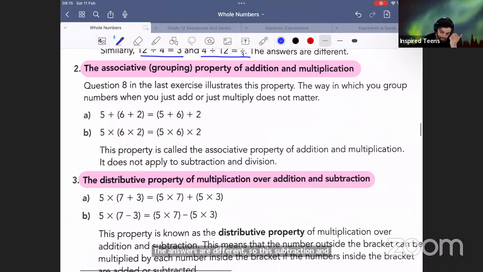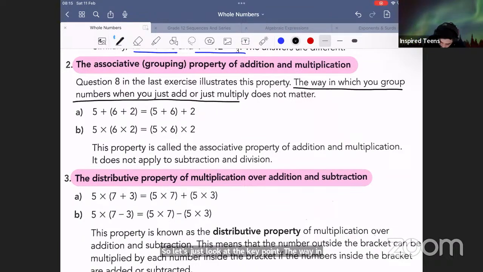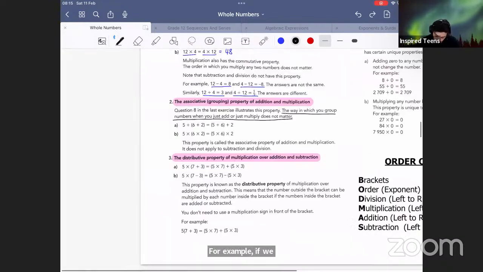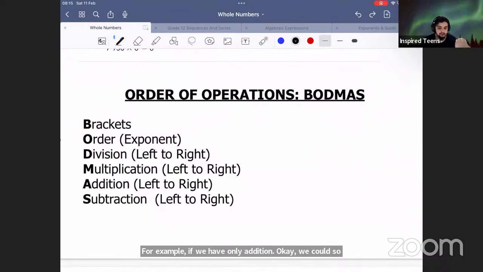Let's move on to the associative property of addition and multiplication, or the grouping property. The key point is that the way in which you group numbers when you just add or just multiply does not matter. Remember the order of operations, BODMAS, where we always start off doing our brackets.